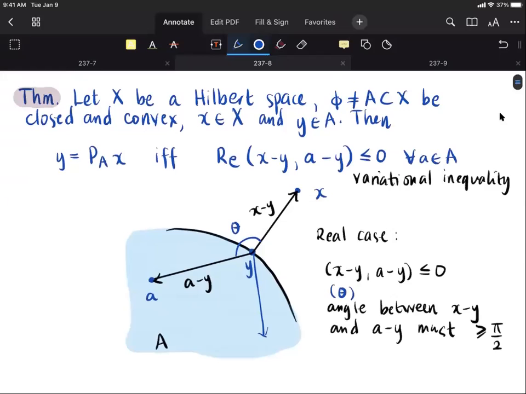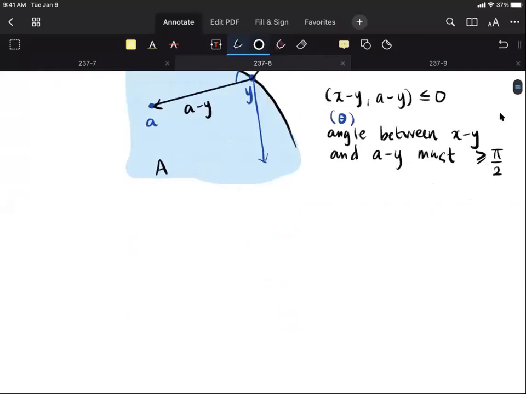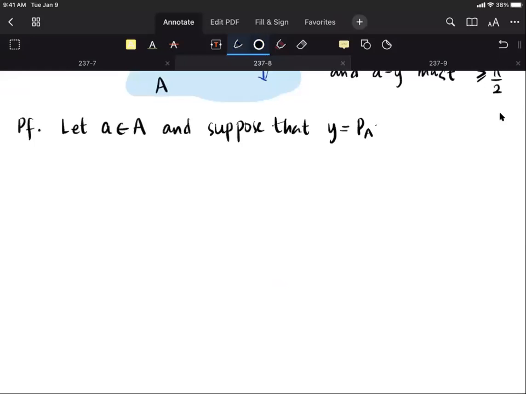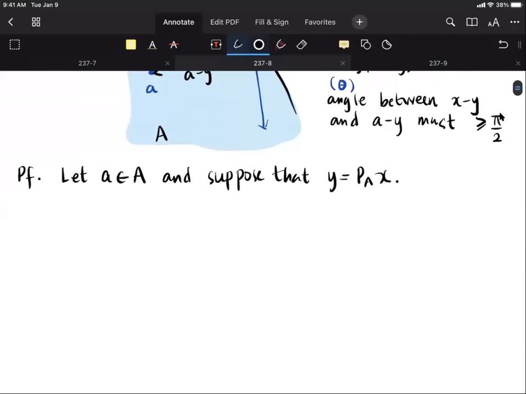So let us look at the proof of this theorem. So let us take an element a and suppose that y is the projection of x. So here we are proving this direction.